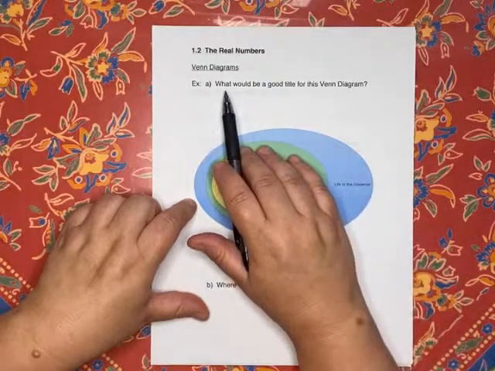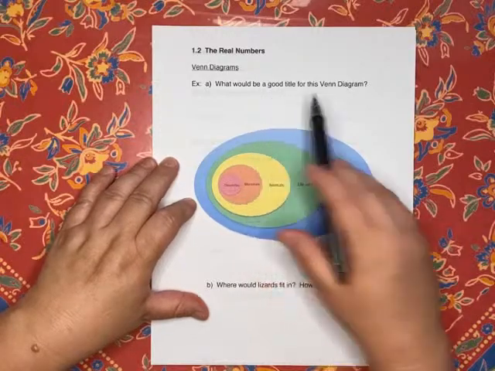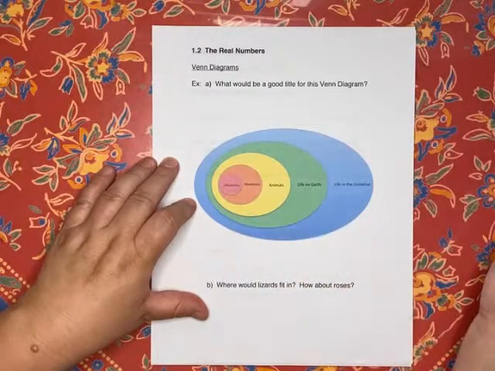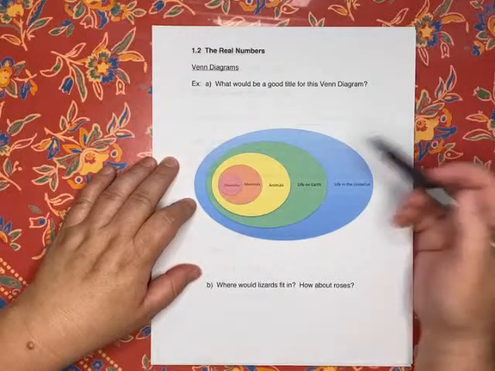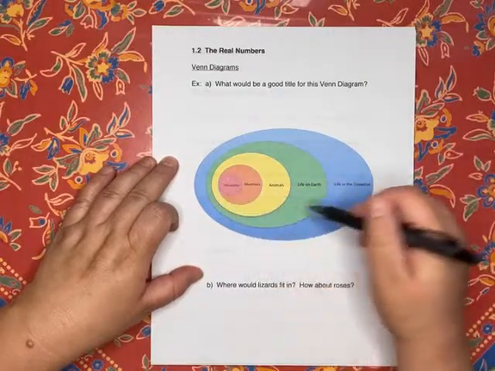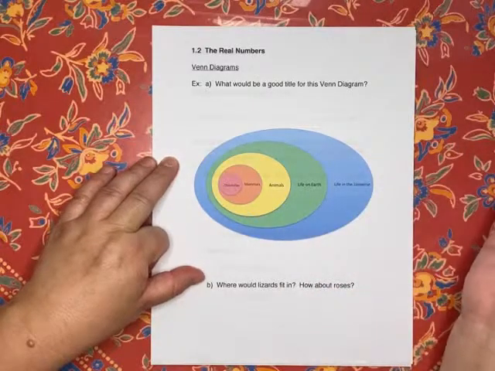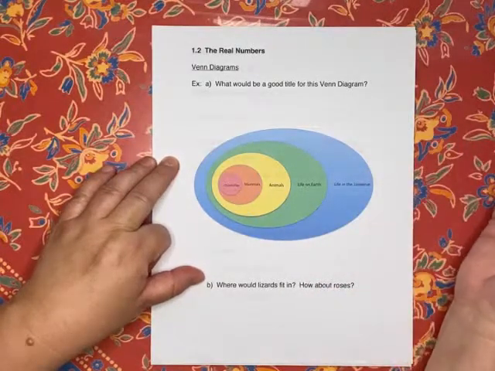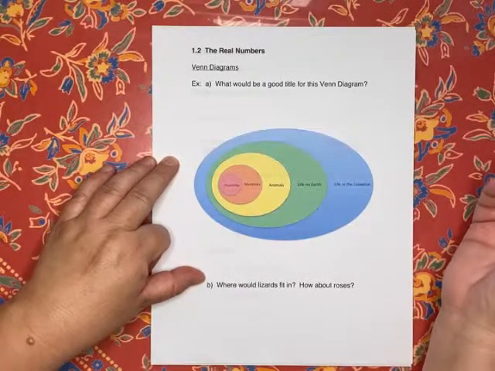And so one question which normally I would ask the class, what would be a good title for this Venn diagram? And there are a lot of different answers. You could just say this is animals, or you could say life, or you could say categories of life or categories of animals. So all of these answers would be fine.